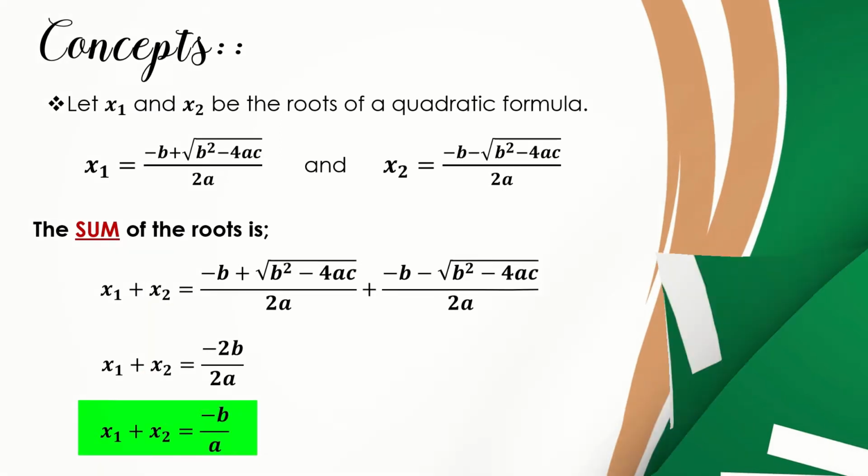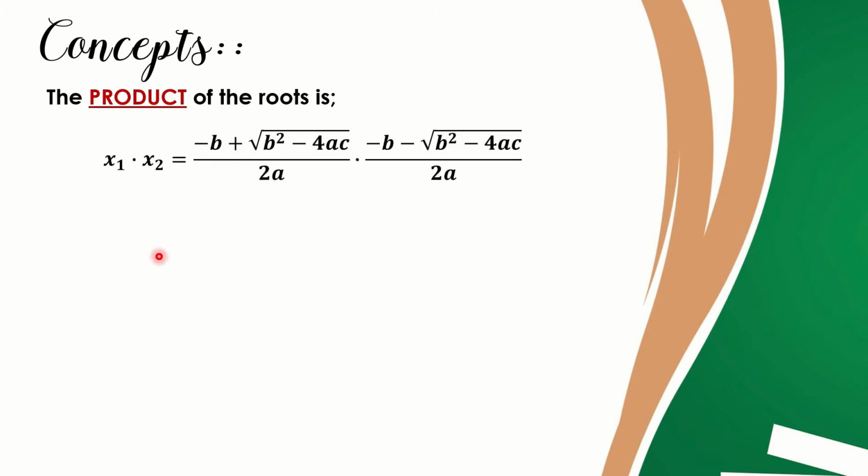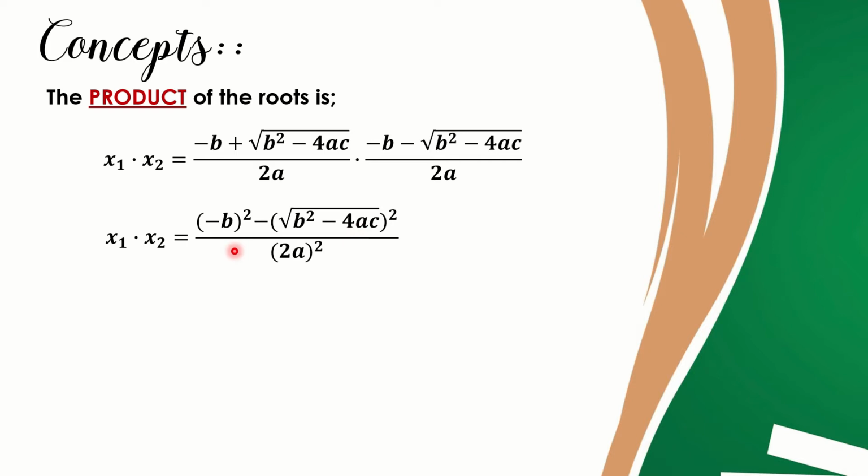So let us have now the product of the roots by simply multiplying x sub 1 and x sub 2. So from here, we will have negative b minus square root of b squared minus 4ac over 2a, times negative b plus square root of b squared minus 4ac over 2a.